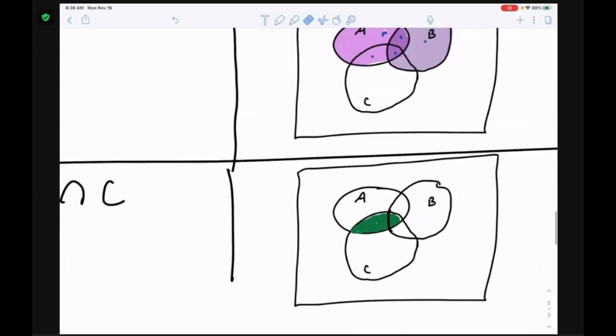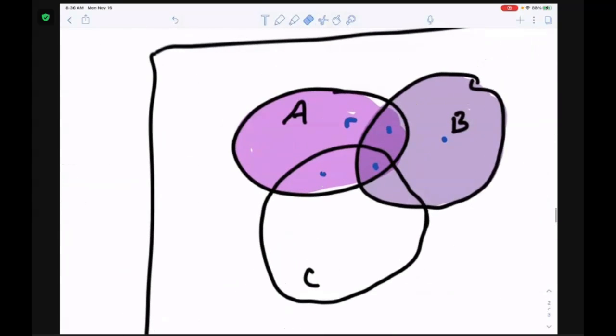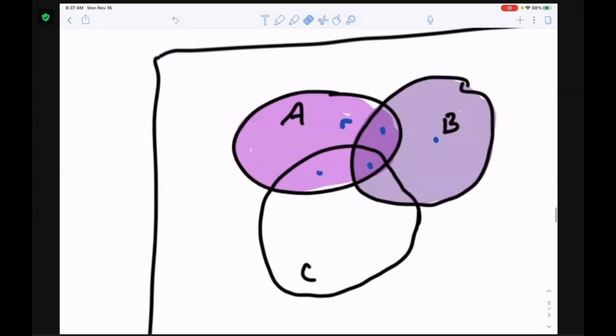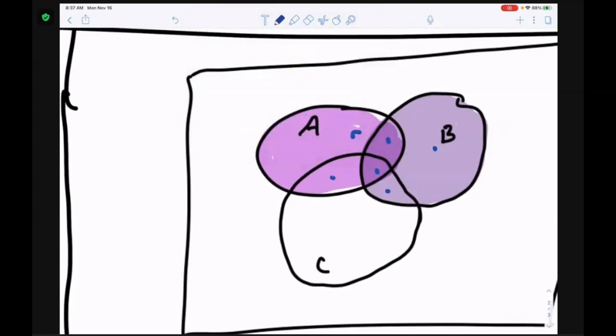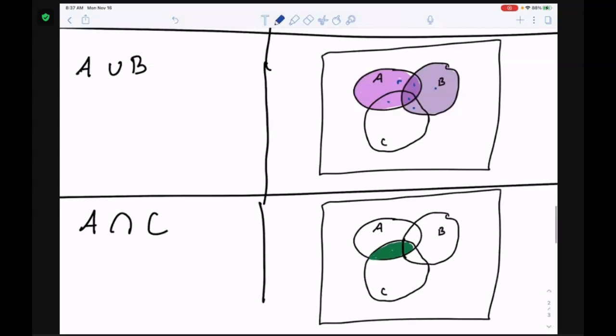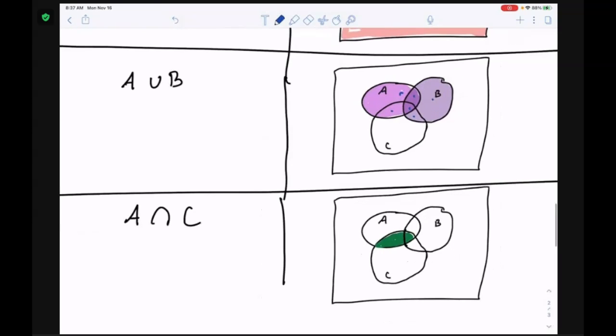All right, this one had 5 regions, or whatever: 1, 2, 3, 4, 5. Oh, actually, this one had 6 regions. And this one has 2 regions on the intersection. So when you're doing intersections, you got to think about where they overlap. It's the overlapping part of them.